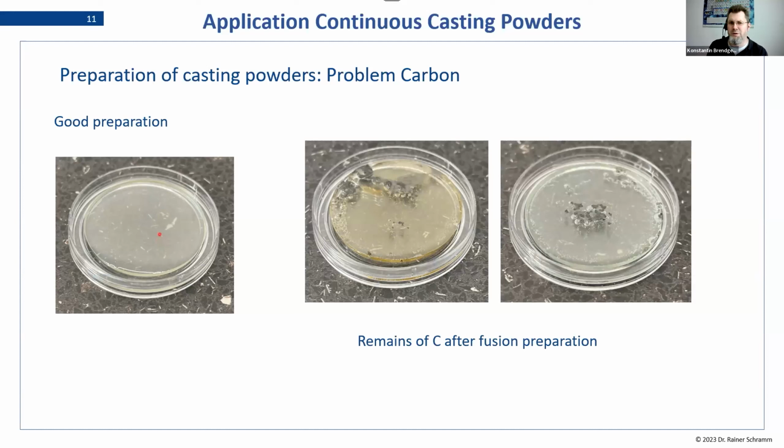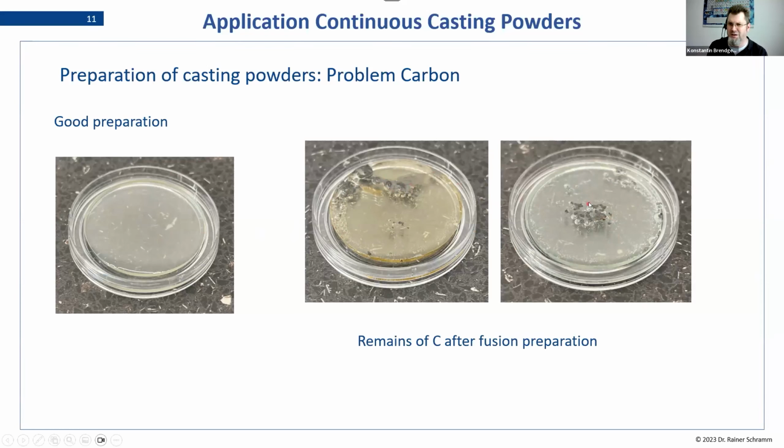So what we end up with is the examples on the right here. We can clearly see that there are particles as well as bubbles inside our fused bead. This is basically the same sample where this one was calcinated before and this one was not.